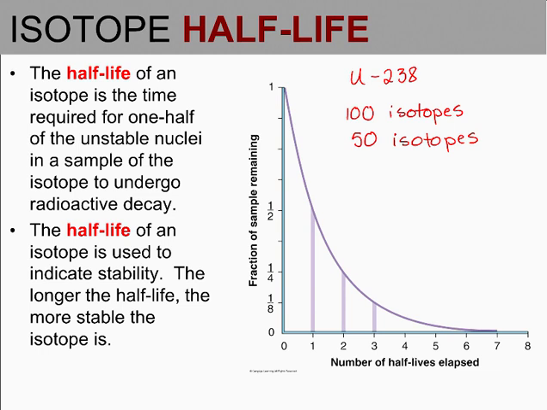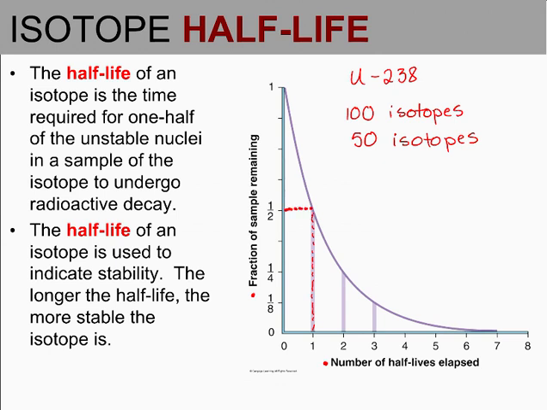So down below we have a graph where on the y-axis we have the fraction of sample remaining, and then the number of half-lives elapsed is on the x-axis. So let's say one half-life has occurred, so maybe that's 1 billion years. So we wait 1 billion years and only half of the sample remains.